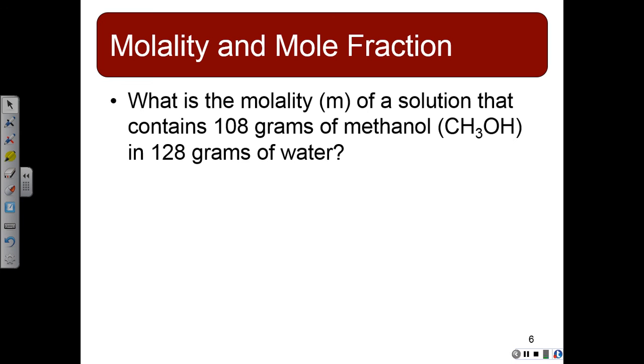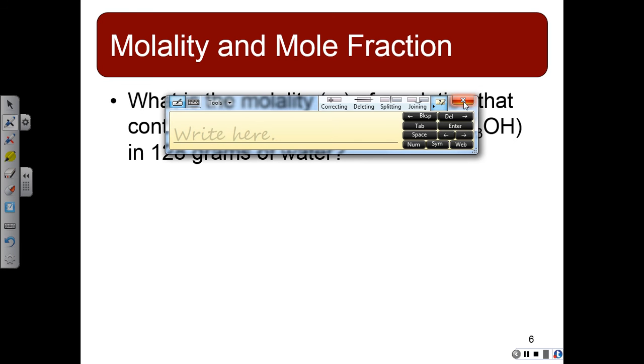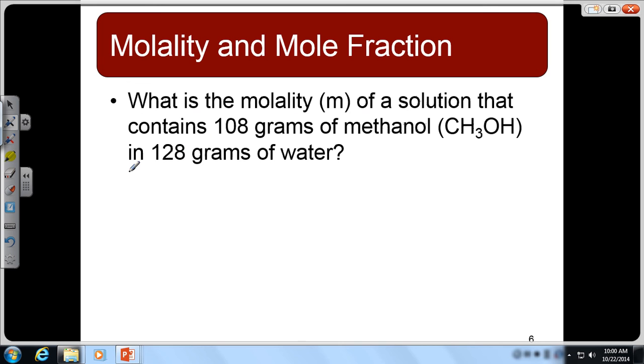Okay, so let's write out our new formula. That's a lowercase m there. Molality is moles of solute over kilograms of solvent. Are moles and grams the same thing?